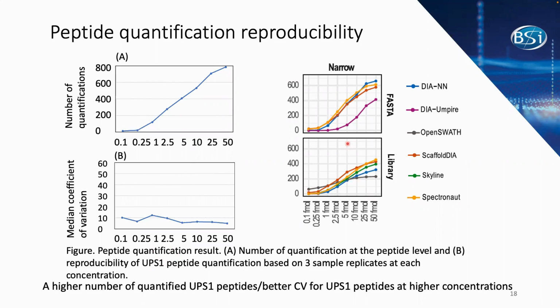The figure on the right side is part of the result in the paper. We can see the quantified peptide numbers in PEAKS 11 are close to or higher than the numbers reported from DIA-NN or Spectronaut, depending on the concentration of UPS1 proteins.